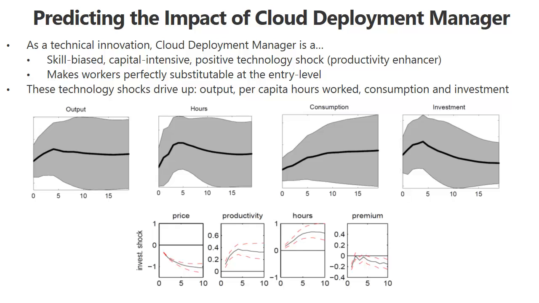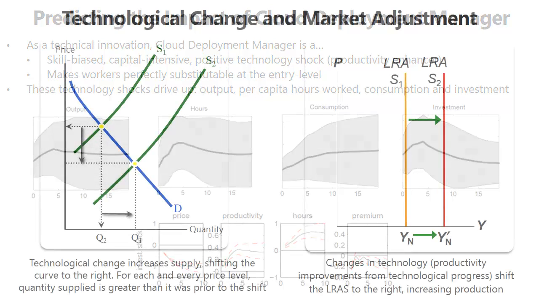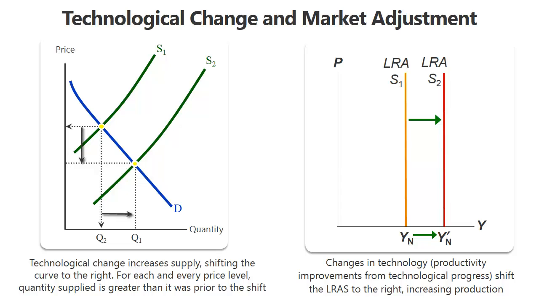In the end, Cloud Deployment Manager will increase the installed base and market opportunities of those knowledgeable of the System Center suite. Traditional market forces will adjust the supply-demand relationship, like it always happens with any other typical technological change. The supply curve will shift to the right and to the bottom, increasing supply and lowering prices.